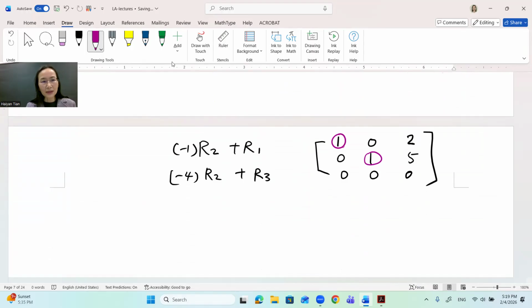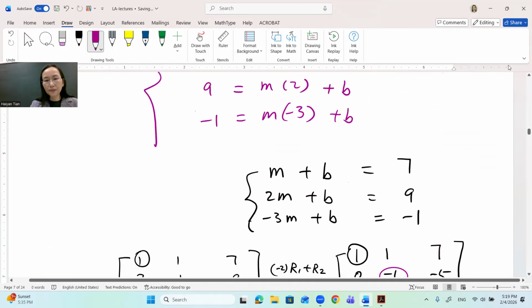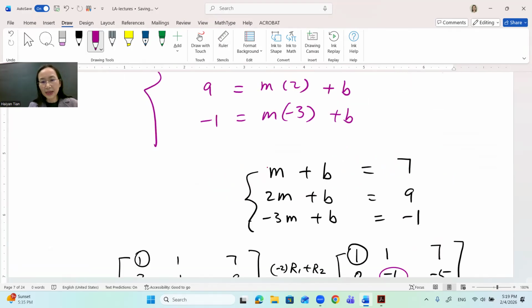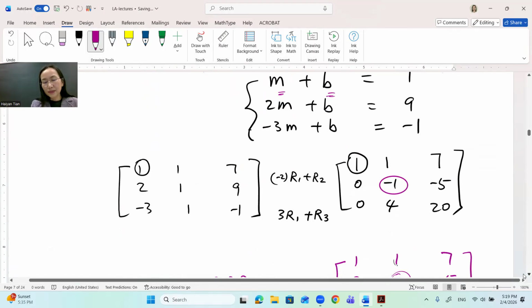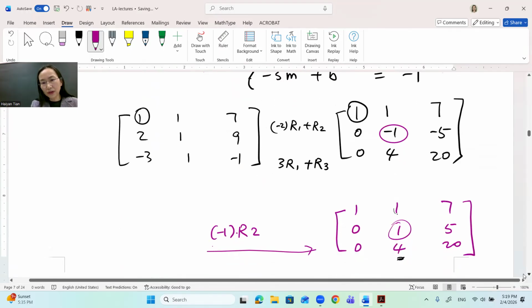So what does that mean? That means the first equation is m equals 2. The second equation, that is the variable b, right? 1 times b equals 5. As we know the equation, the first variable is m, the second variable is b. So we have 3 equations for 2 variables.